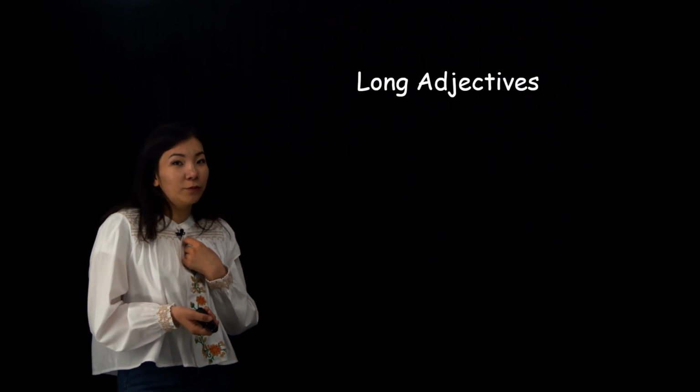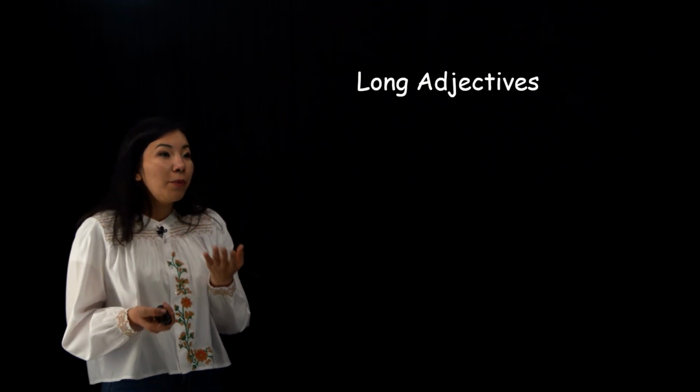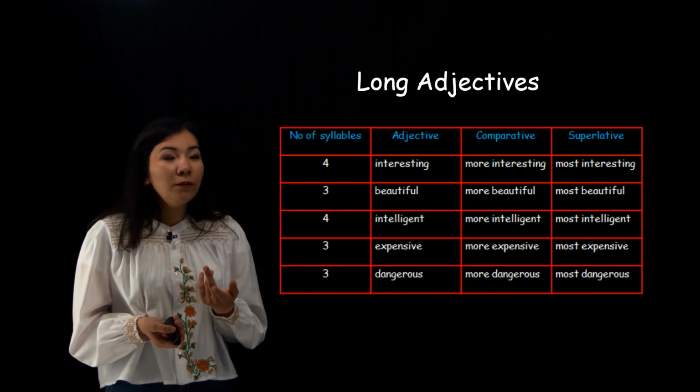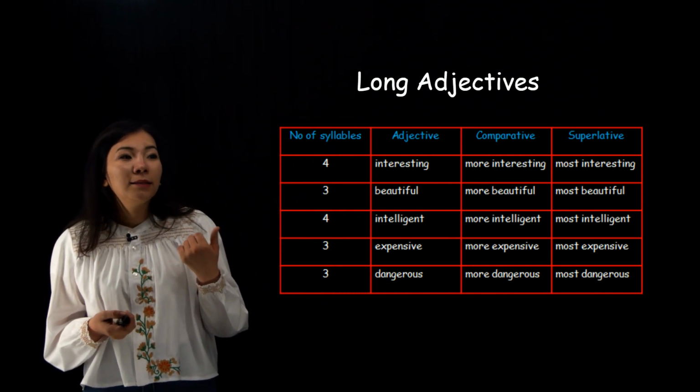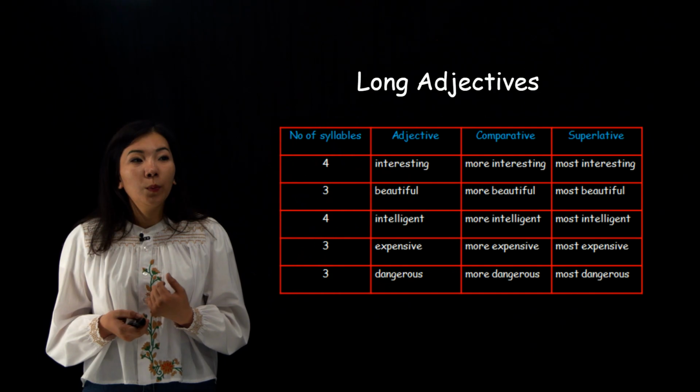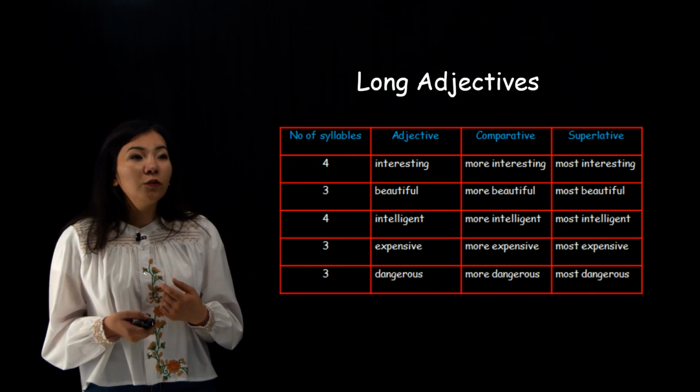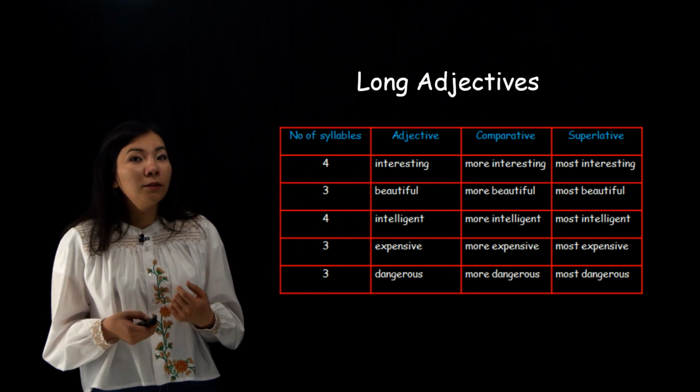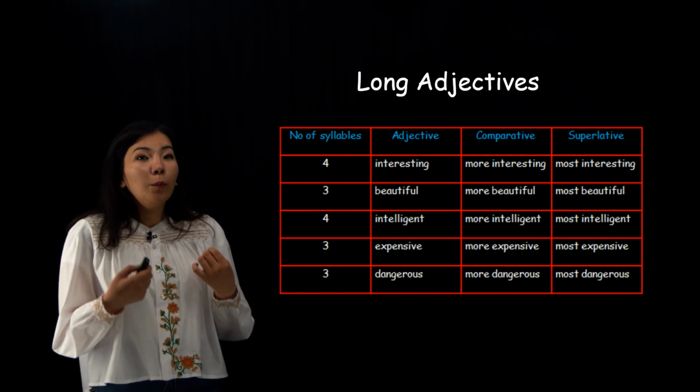And with the long adjectives, as you know, the ones that consist of two or more syllables, right? In comparative form, in long adjectives, we have to add the word more. And in superlative ones, we add the most.